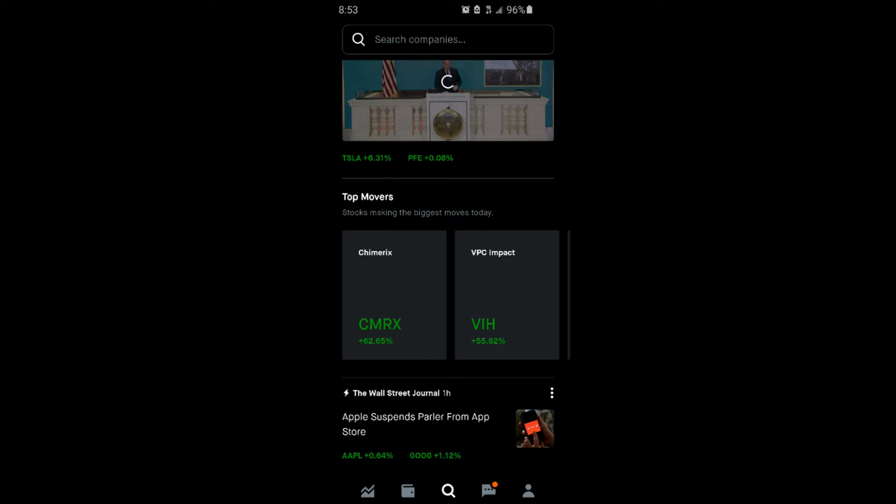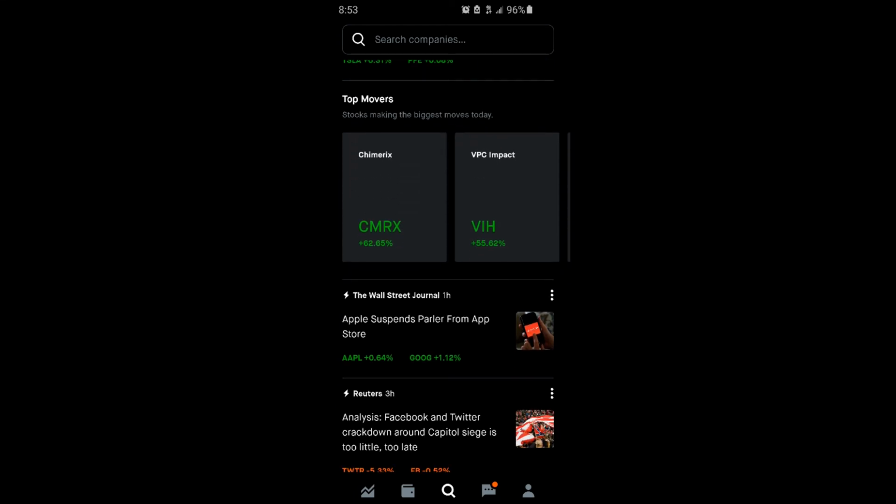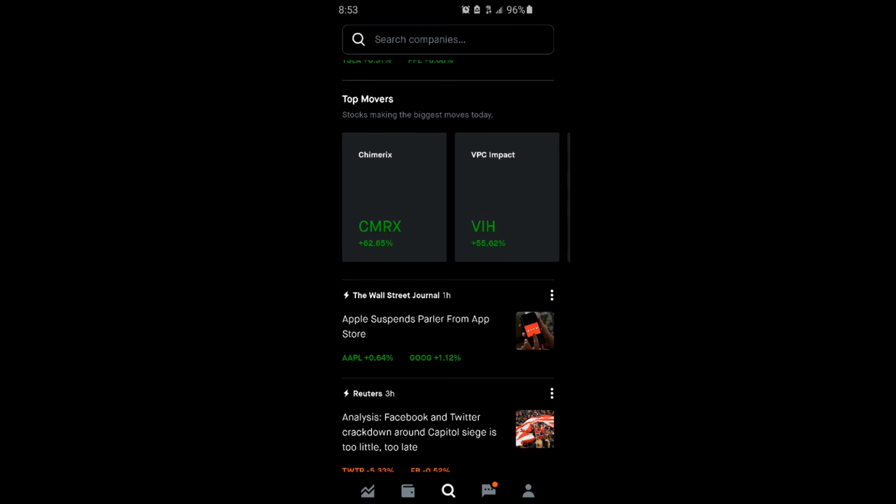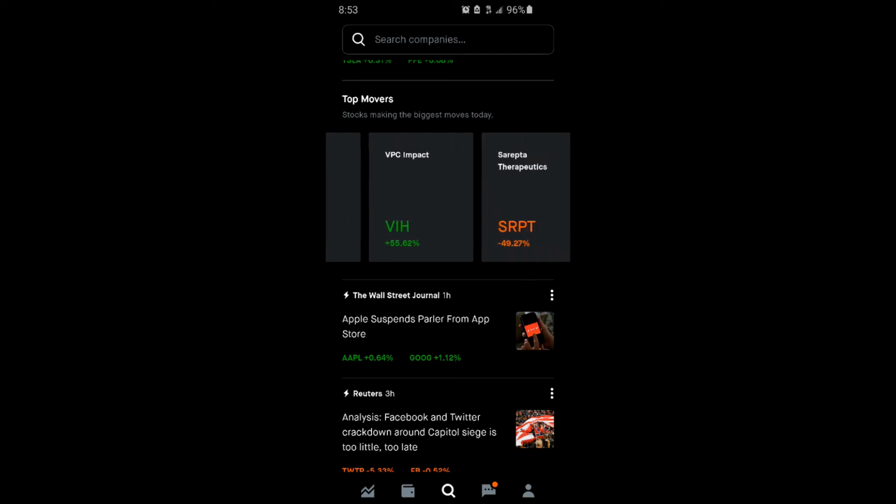Then right here in the middle, one of my favorite things is the top movers selection. Pretty much all it is, it'll show you either the stocks that are rising the highest for the day, or even if you keep on scrolling, you'll see some that are doing really bad for the day. Like this SRPT is down almost 50%, and that's just in one day.